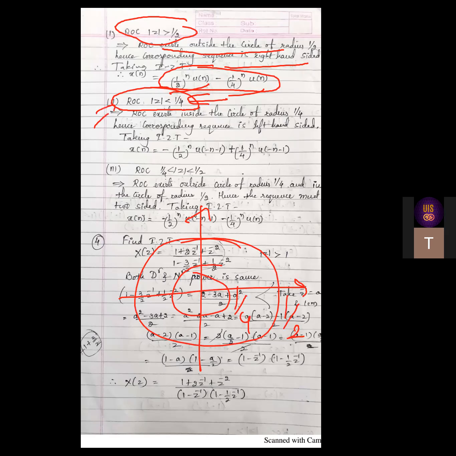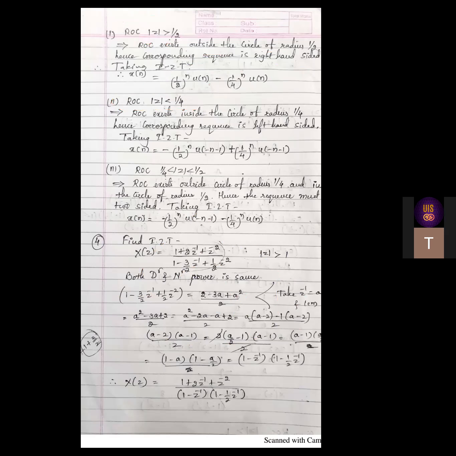According to the second condition, your ROC is inside this. Inside means, in the properties of ROCs we have listed, if it is inside the circle, then the sequence is a left-sided sequence.